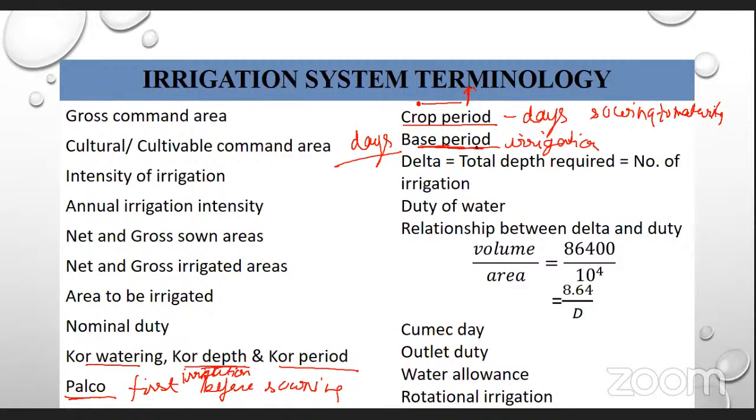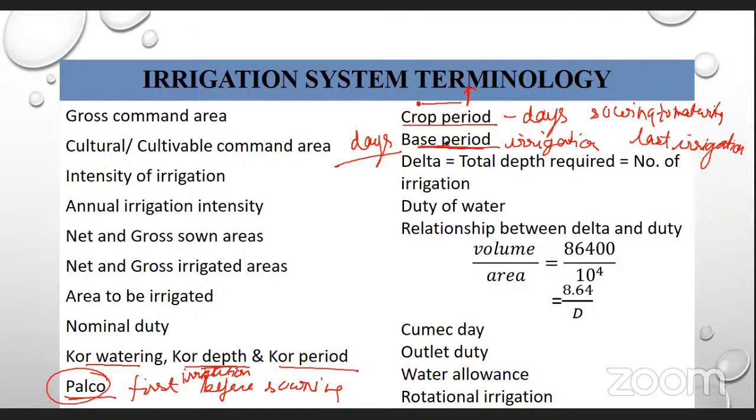The base period includes the palco also, which is the first irrigation before sowing, given for preparatory cultivation, till the last irrigation. Okay.